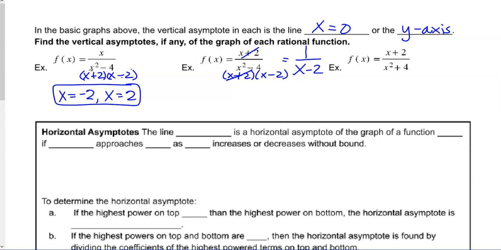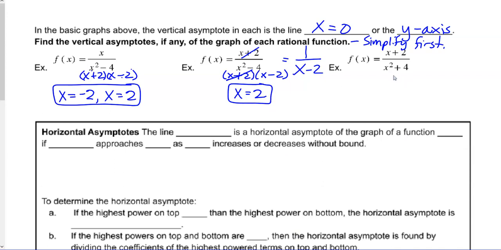Whatever remains is going to kick out a vertical asymptote. What's going to happen at this point right here, there's just going to be kind of a skip in the graph at negative 2 if we were really to analyze that. So again, when finding asymptotes of rational functions, simplify the function first and then determine what's left over. So here, the only vertical asymptote is going to be where x equals positive 2 because that's what makes that 0. Okay, so a little twist on that.